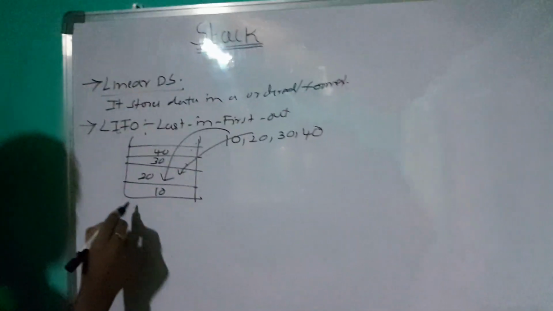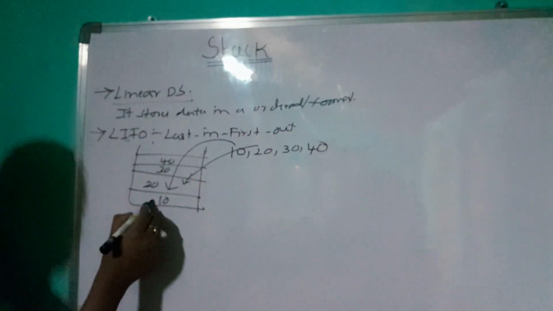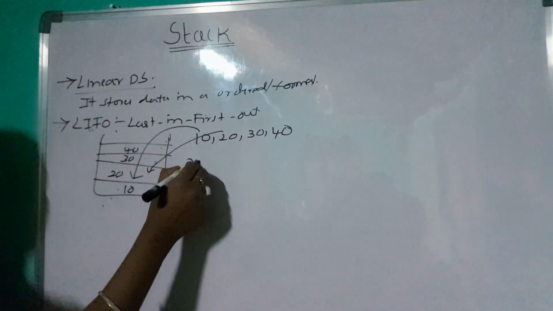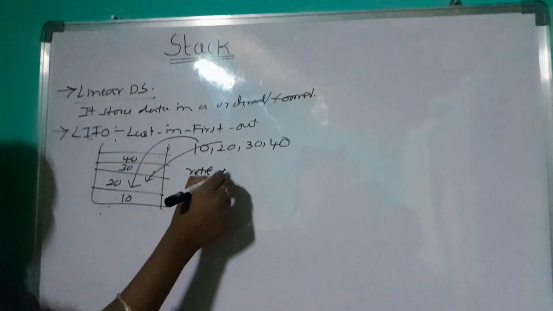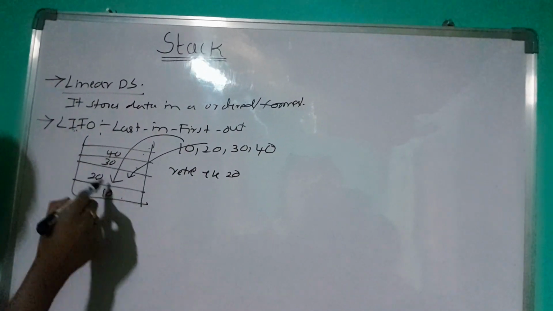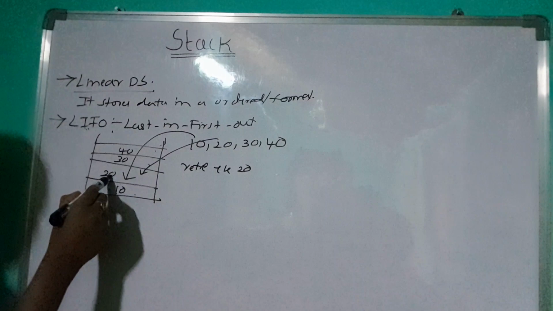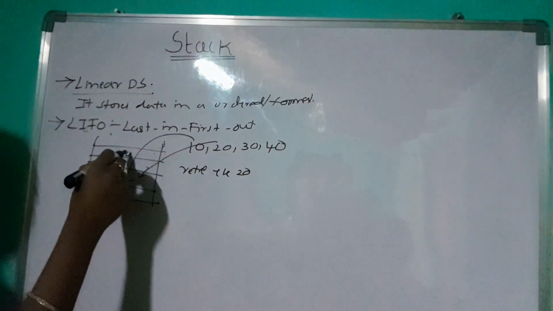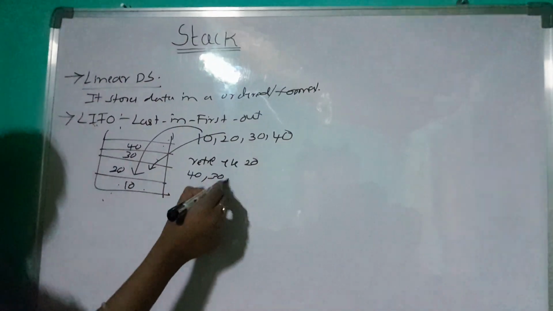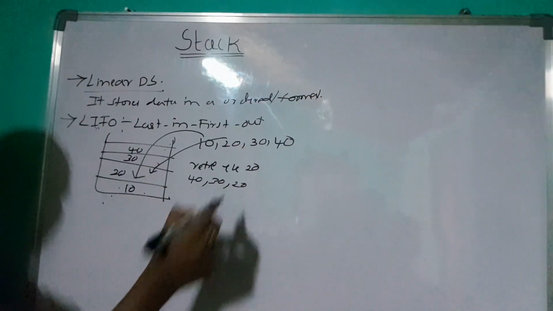Now when we want to retrieve data from the stack, for example element 20, we cannot retrieve 20 directly from the stack. Before retrieving 20, we have to retrieve 40 first, and then 30, and then 20.